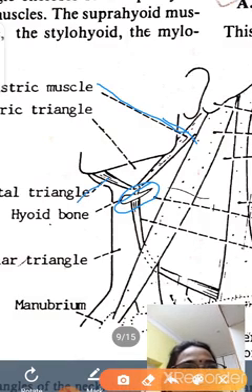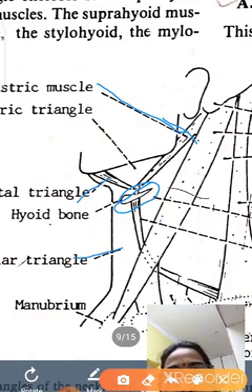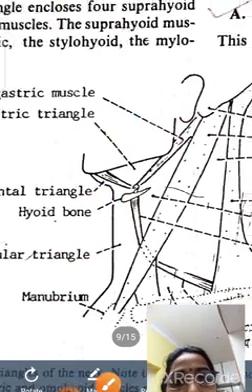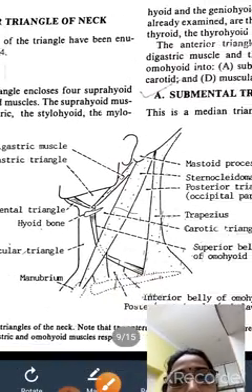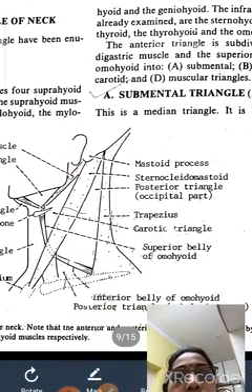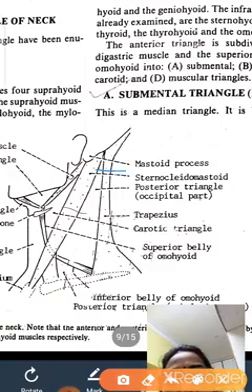Okay, now this is your muscular triangle, manubrium sterni, mastoid process. And the sternocleidomastoid, as you all know, this posterior triangle, trapezius, carotid triangle.